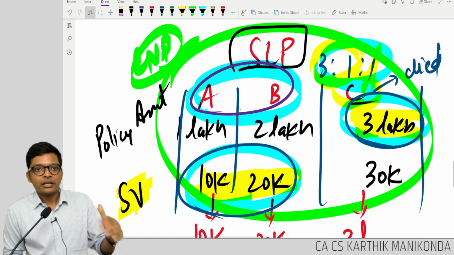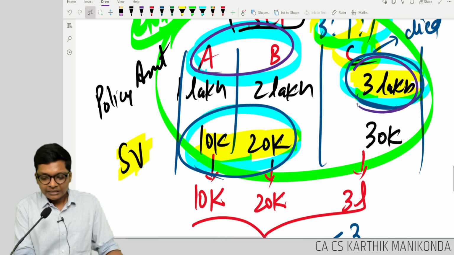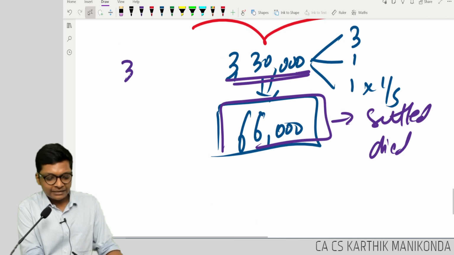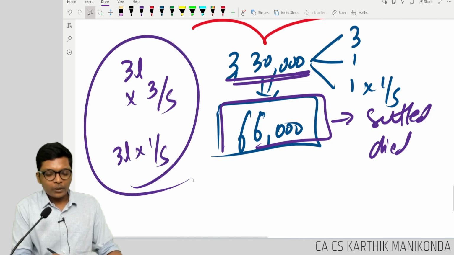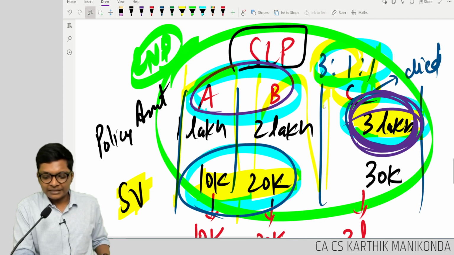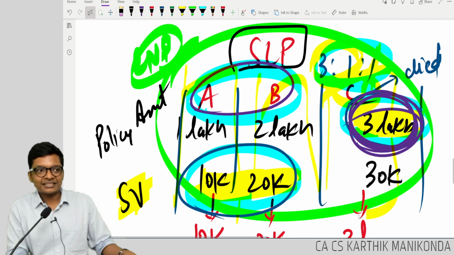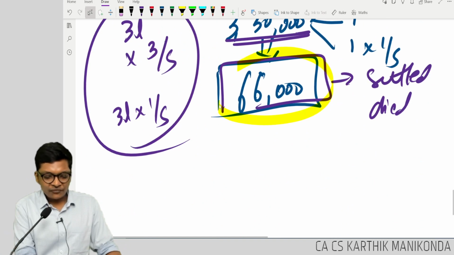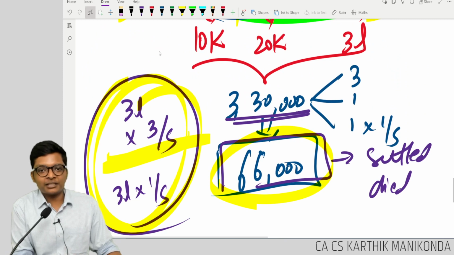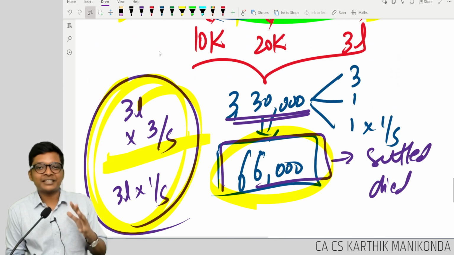For them, the policy will continue, but they will get their share of the surrender value money: the 3 lakhs into 3 by 5 and 3 lakhs into 1 by 5. Even though it's a single life policy, the firm's partners will share it. Are you following, guys? Clear? Now, this is fine. This money, who will take it? The respective partners will take it. Are you following? Correct? That's what is given.